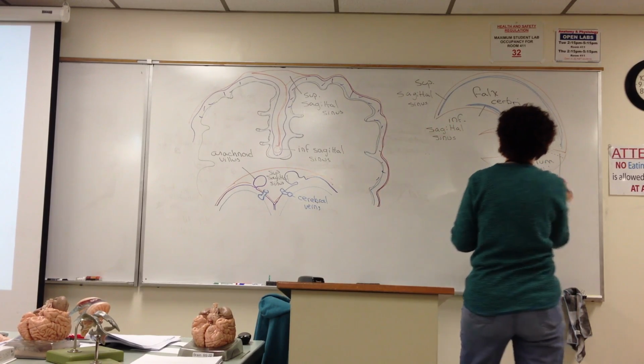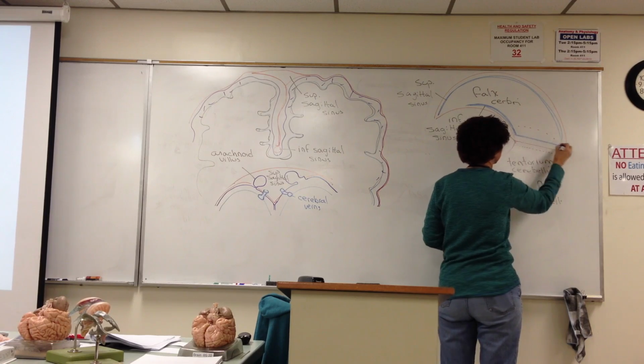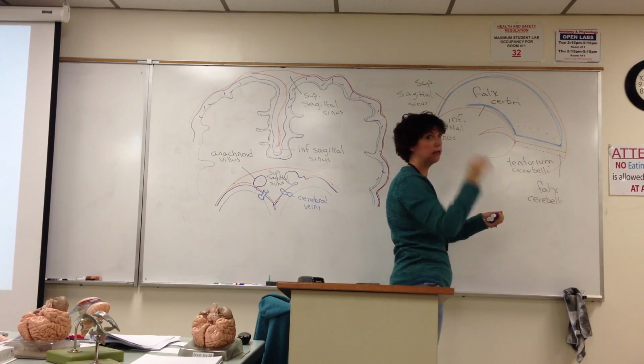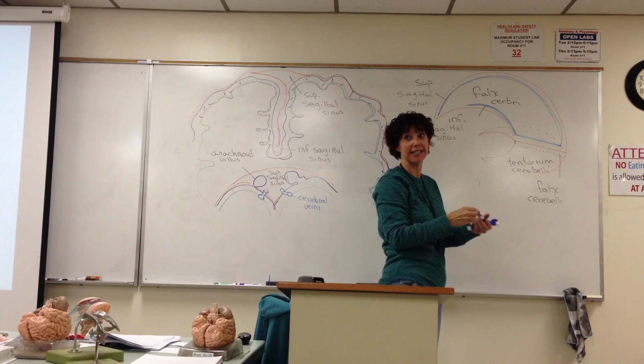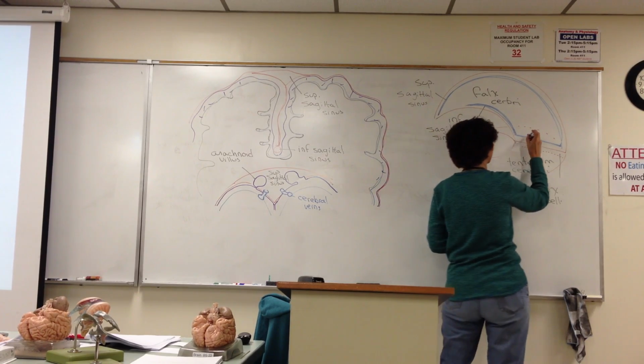sinus. So here's the transverse. And I'll write out these vessels in sequence for the flow pathway back to the jugular foramen for you.